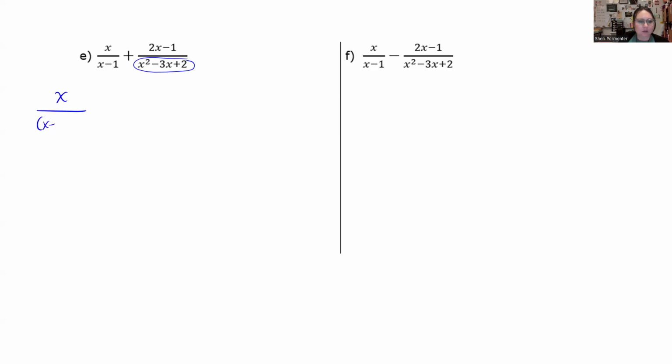Minus 1, 2x minus 1 over. To factor this denominator, I have to think of what two things can multiply to give me 2 that can add or subtract to make 3. 2 and 1 will work.